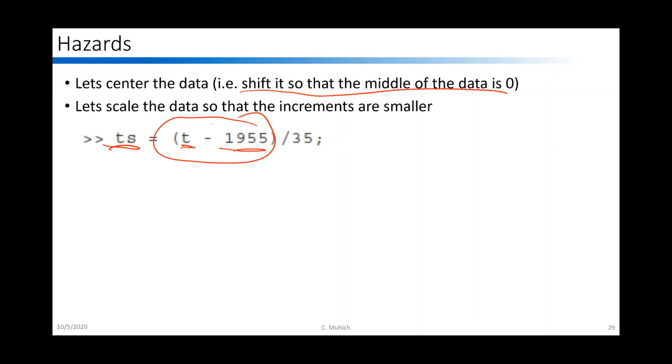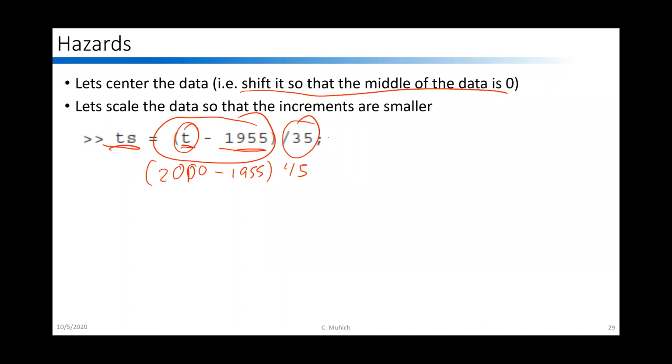We may also want to scale the data. By scaling the data, we're going to divide by some number, or in fact multiply by some number, so that the highest value is 1. So remember, if this is 2000 minus 1955, that largest value comes out to be 45.